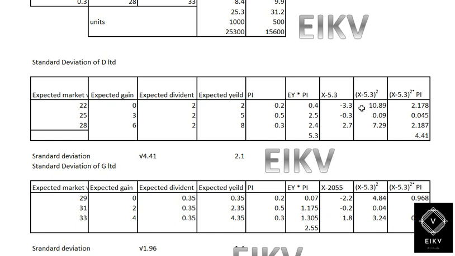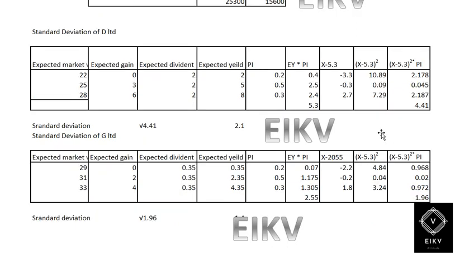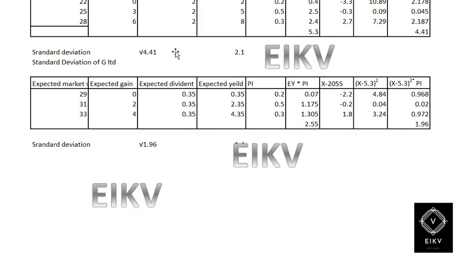So 10.89 multiplied by the probability 20 percent will give you 2.178, and 0.09 multiplied by 0.5 will give you 0.045, and 7.29 multiplied by 0.3 will give you 2.187. When we take the total, it would be 4.41, and when we take the root, it would be the standard deviation, that is 2.1.